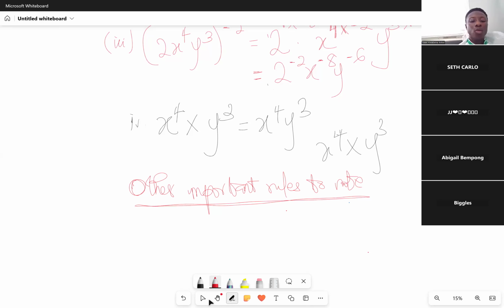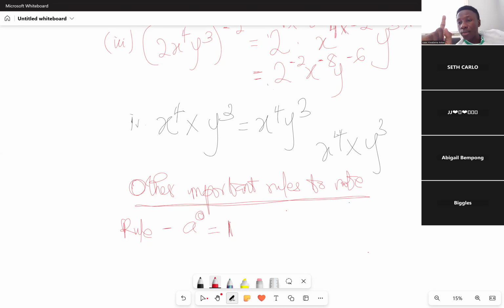Now one rule I want to tell you, and pay attention, this is going to be your savior: when you have any term or number, a term can be letters, and a number is in numerical form, raised to an index of 0, no matter what it is, the result is 1.